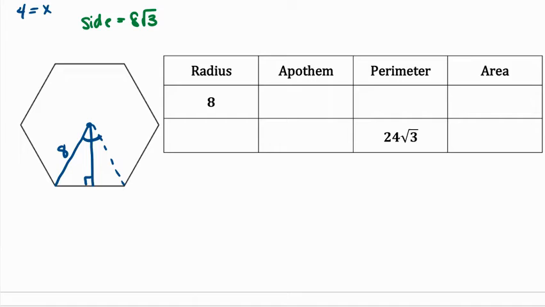So in our case, we have a hexagon. So if I do 360 divided by 6 sides, then I know that that central angle is 60 degrees. That altitude cuts that in half, so that means that this part is 30. And then we get our 30, 60, 90 triangle again.